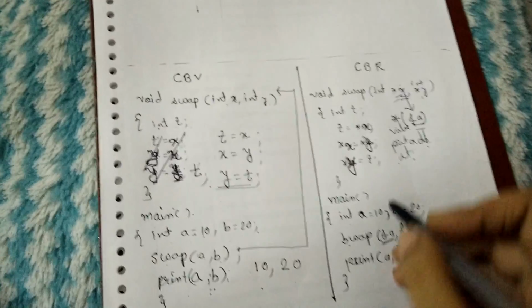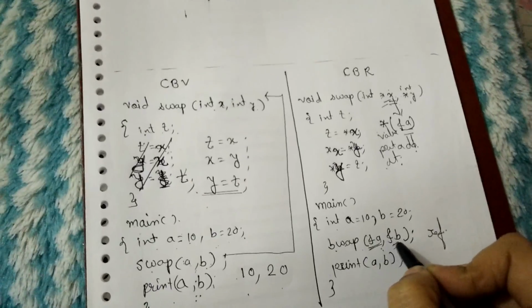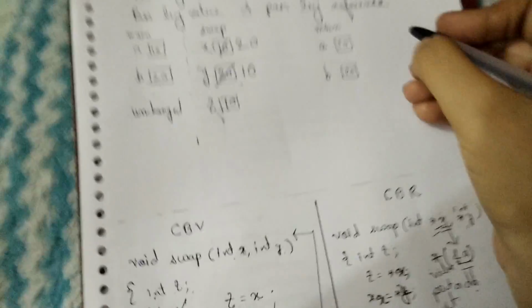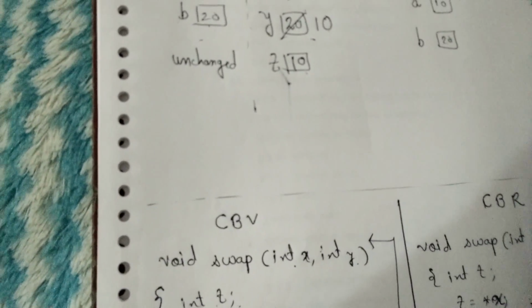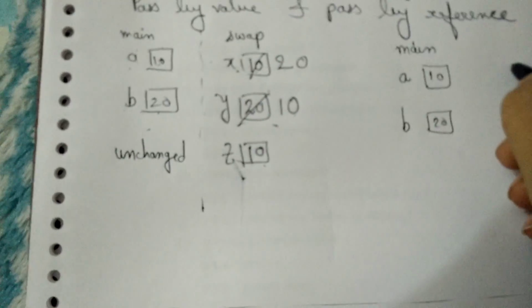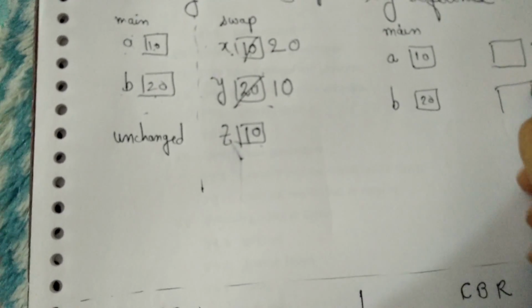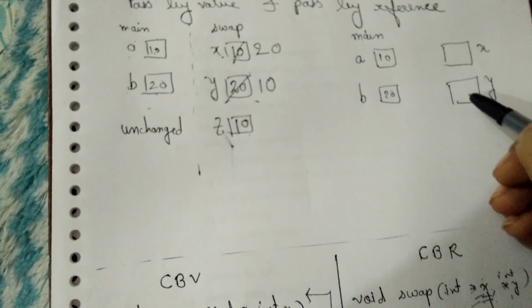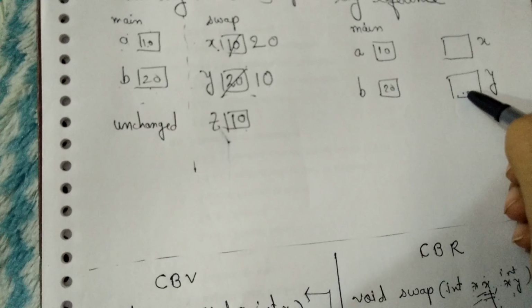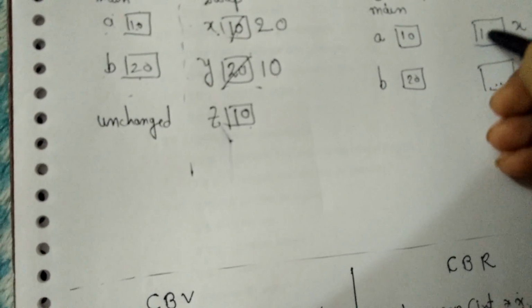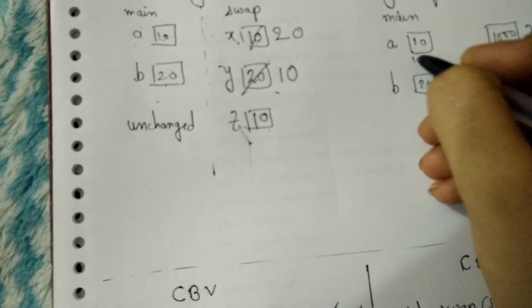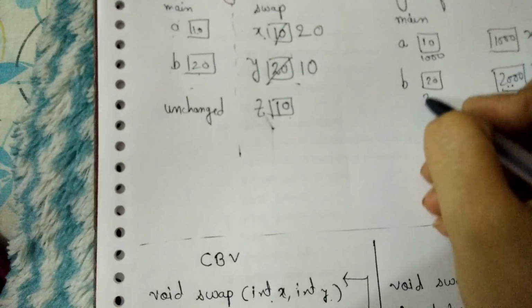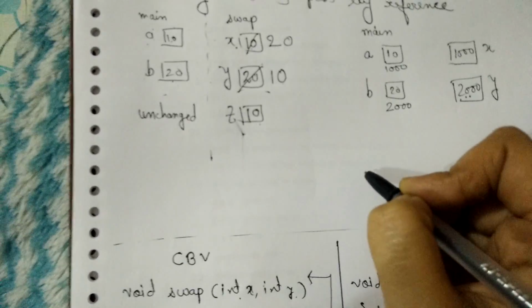Now see what happened. When we say swap address of A, address of B, the addresses of A and B will be copied into X and Y. So we have two variables X and Y, and instead of having the values directly, X and Y have the addresses of A and B. Let us consider the address of A is 1000 and the address of B is 2000.